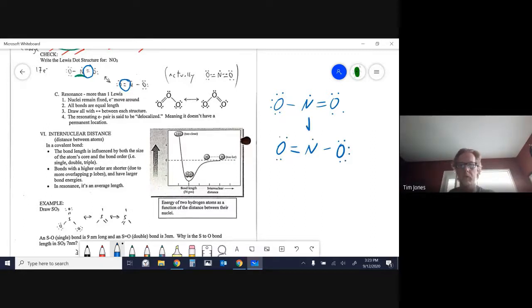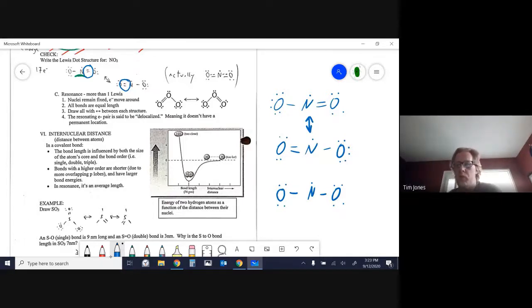You'd put a double arrow between them to show resonance, and that's how you would show it on an exam. But I don't really want you to think of it like that. That's not what is really happening. A better way to think of it, but it's hard to draw, and don't do it this way on an exam, would be to show something where this shows the electrons that belong to each atom.